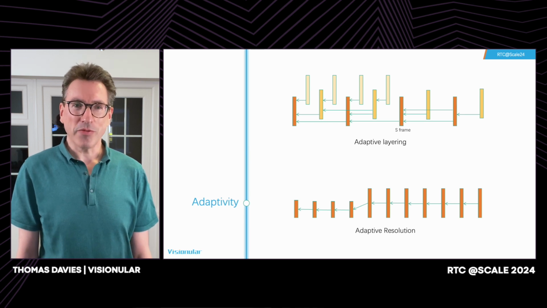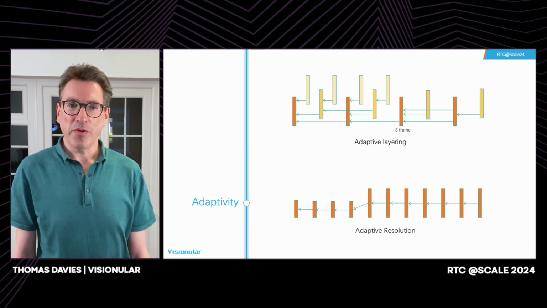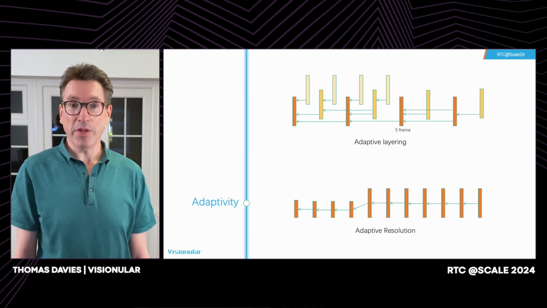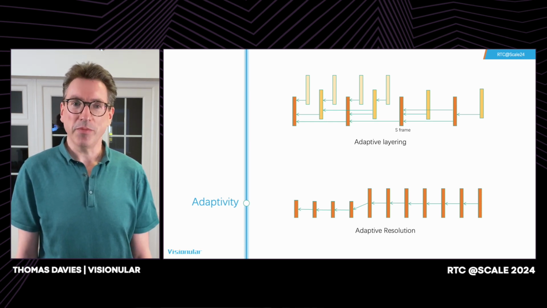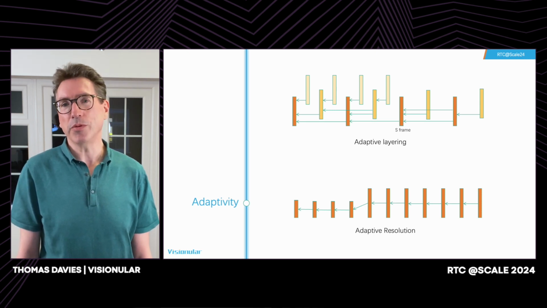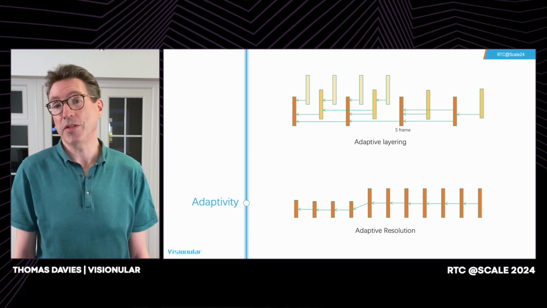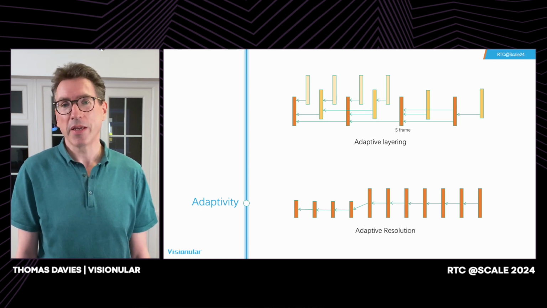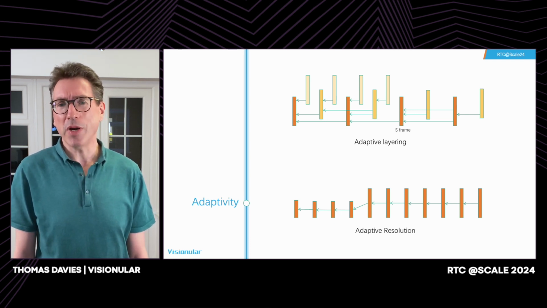And then there's adaptive resolution, which allows you to avoid dropping frames, for example, when the bit rate goes down, or increasing quality when bit rate goes up, without having a big keyframe that would cause you resilience problems, because you can predict in the normal way. But there are some other cool applications of adaptive resolution.